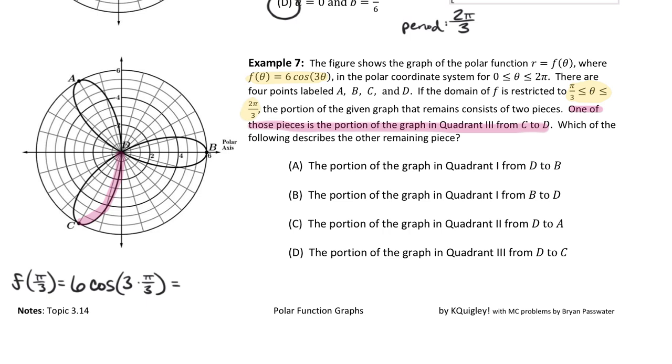If someone's like, where'd you get that from? This is the yellow highlighted equation that they gave me. I'm plugging in the first part of our restriction. What is 3 times pi over 3? Pi. So we're really asking what is 6 times the cosine of pi. What is the cosine of pi?